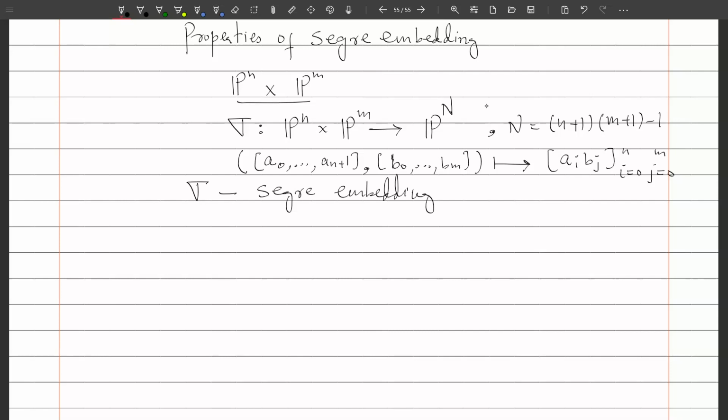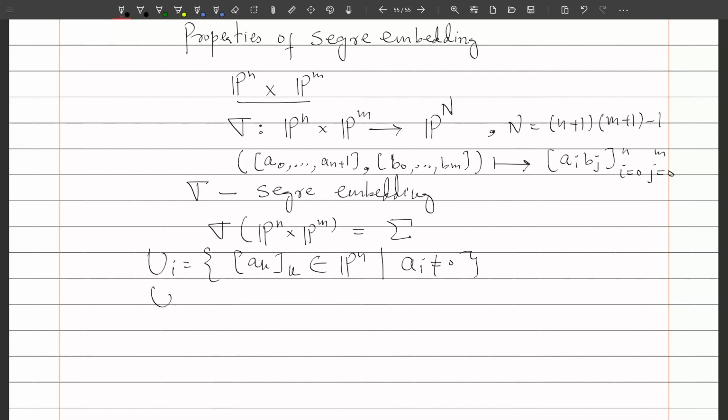We denote the image of sigma, i.e. sigma of Pn times Pm, by this big Sigma. Now, suppose we set Ui to be the set of all vectors, say ak, where k goes from 0 to n. They are all the points in Pn whose ith coordinate is non-zero.